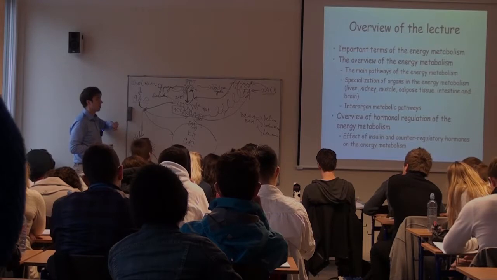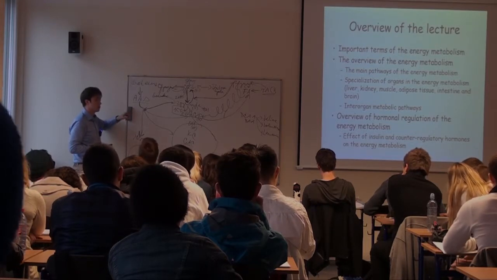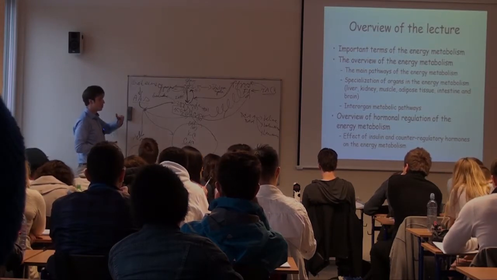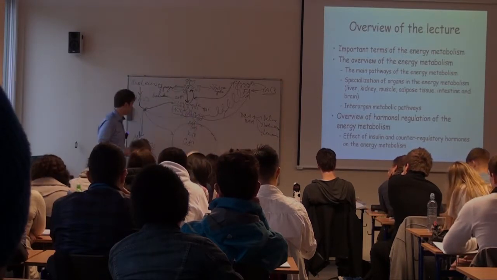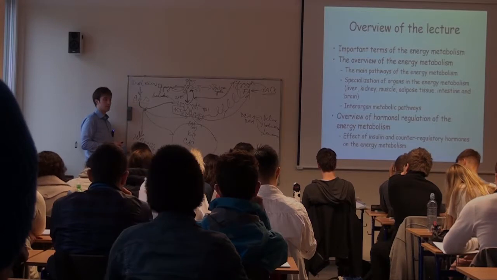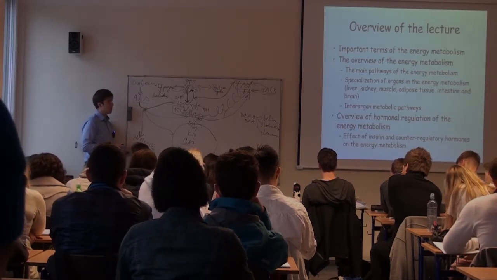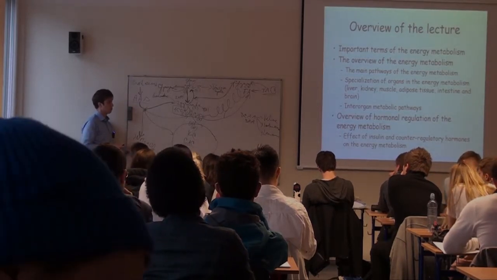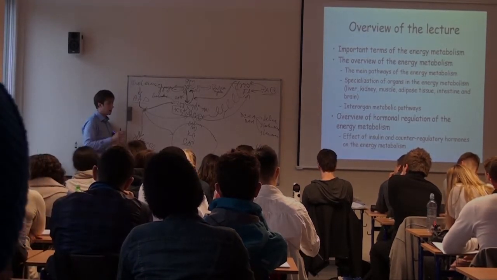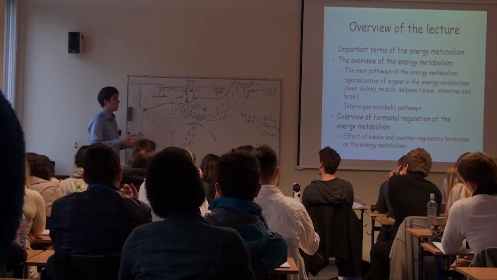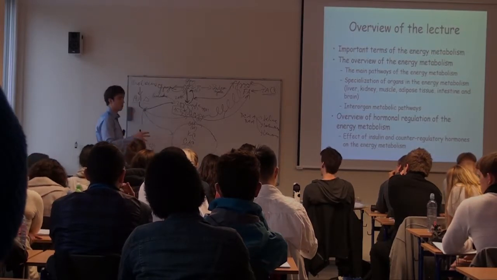Especially we calculate something that's called Fisher index. That's the ratio between these amino acids and the aromatic amino acids. And the Fisher index is very useful if you have a patient with liver impairment. It's the easy way to find out how severe the problem is.